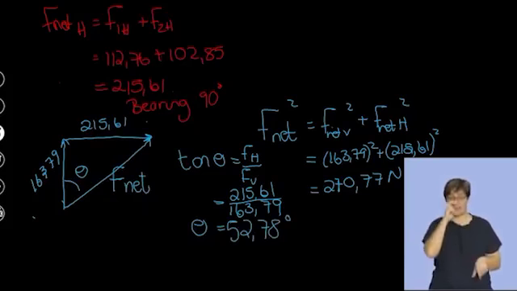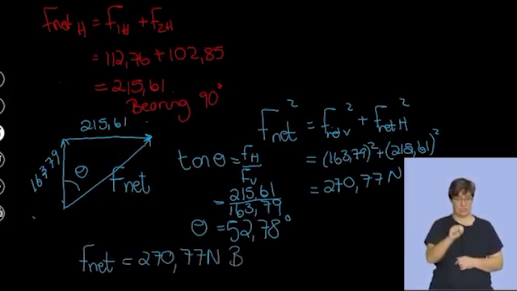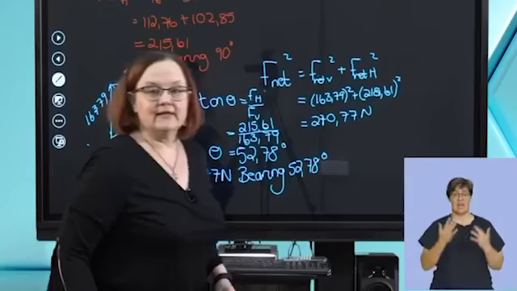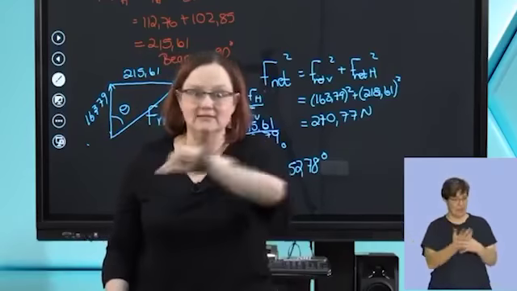We need to write it as a sentence. So my F net, 270.77 newtons, bearing 52.78 degrees. And now after that very long question, we all deserve a break. So I'll see you in a bit.